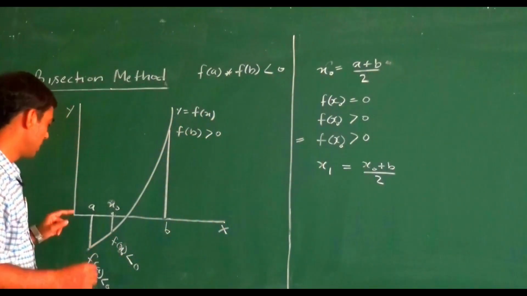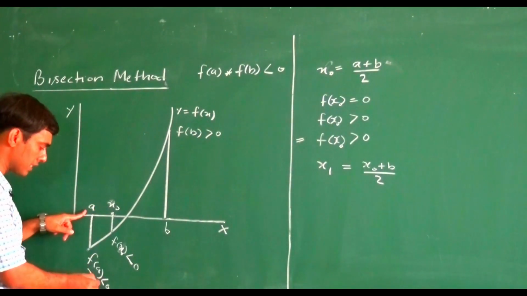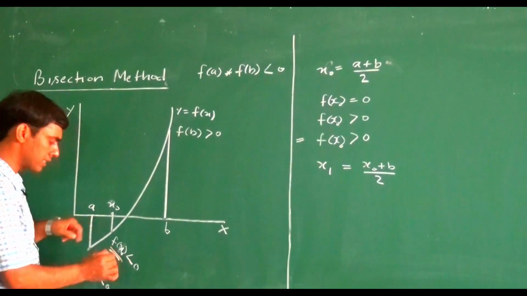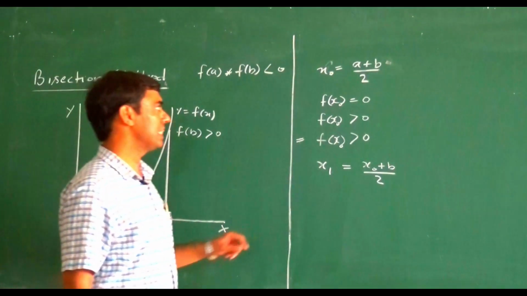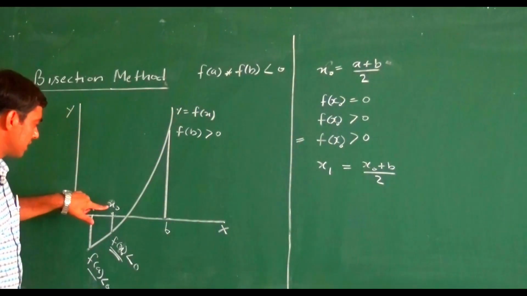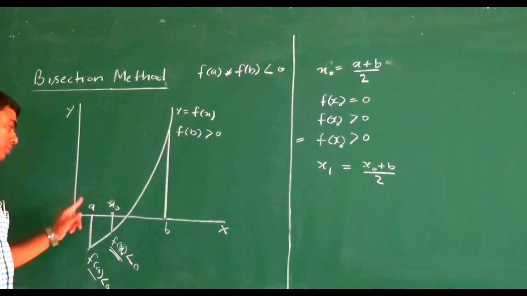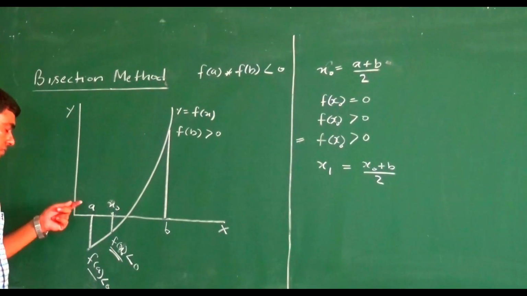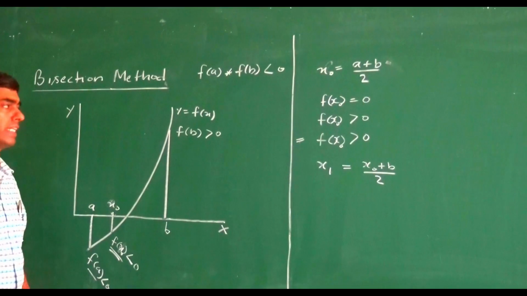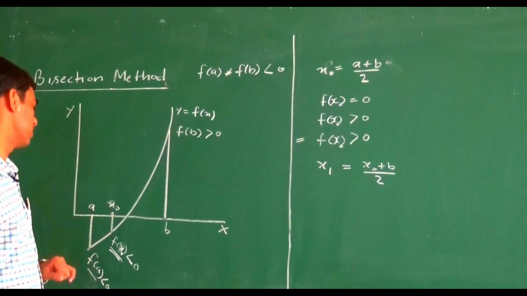This means we replace the point where the value of the function is negative with the new point where the function value is also negative. So we interchange the values. If at this point the value of the function is negative, then we replace the previous point where the function was negative. So here we replace a by x0.